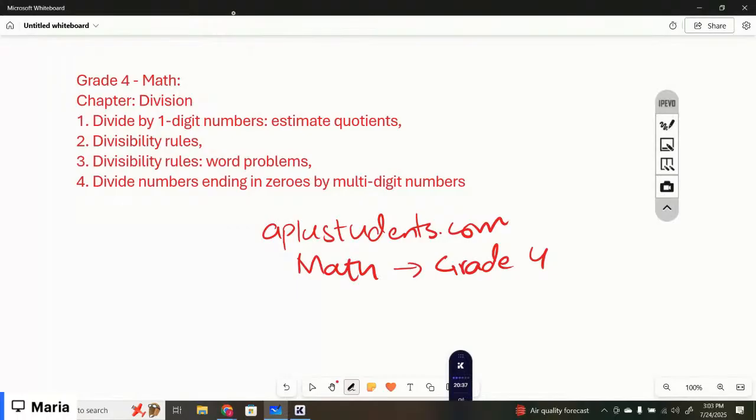We're going to start with the chapter division. The lessons we're going to cover today are divide by one digit numbers, estimate quotients, divisibility rules, word problems, divide numbers ending in zeros by multi-digit numbers.